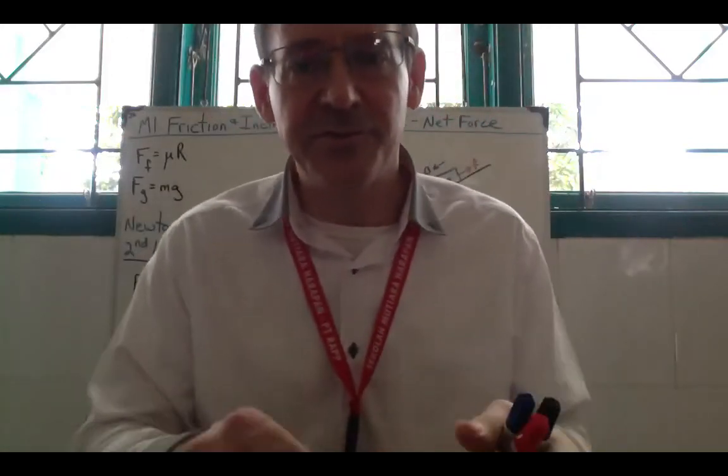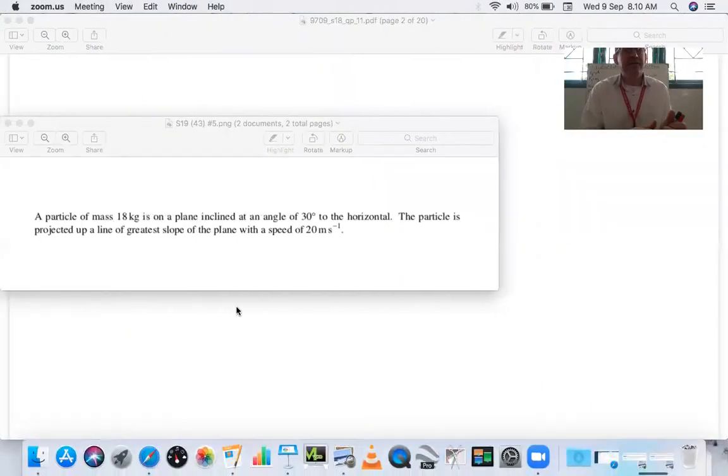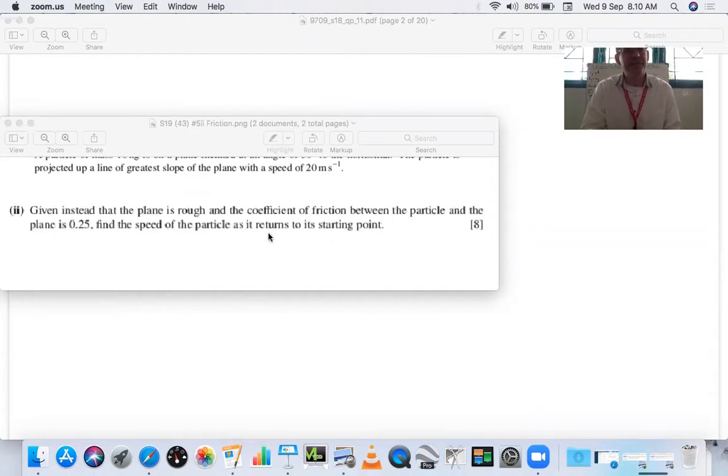Let's look at the first problem here that we're going to attack today. It says a particle of mass 18 kilograms is on a plane inclined at an angle of 30 degrees to the horizontal. The particle is projected up a line of greatest slope of the plane with a speed of 20 meters per second.